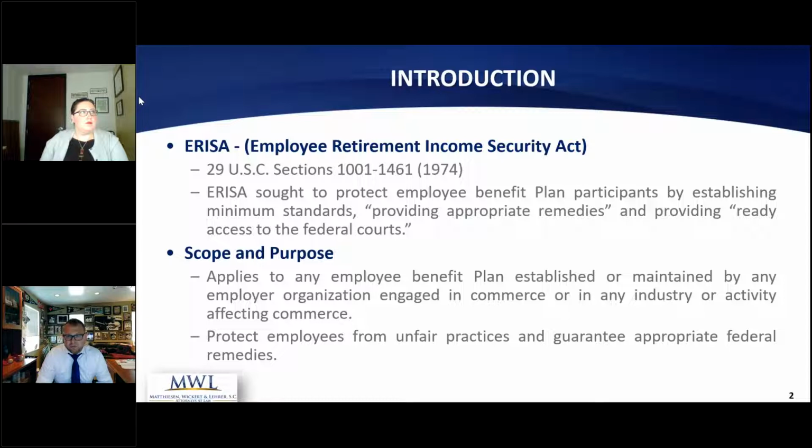Employees are also guaranteed protections against fiduciary wrongdoing, and remedies. So plan participants or even the Department of Labor may be able to sue plan fiduciaries if certain plans or funds are mismanaged. And again, it provides ready access to the federal courts.